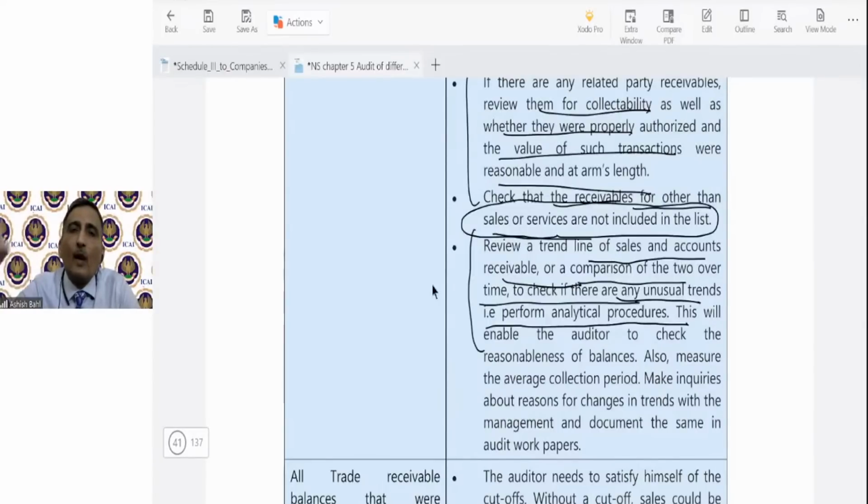So month वाइज सेल को और अकाउंट्स रिसीवेबल्स को मैं उसमें उनका ट्रेंड वेरीफाई करूंगा कि जिस महीने सेल्स बढ़ी है तो ऑब्वियसली ट्रेड रिसीवेबल्स भी उस मंथ बढ़ने चाहिए. सो अगर कोई अनयूजुअल ट्रेंड है तो उसको भी इन्वेस्टिगेट करूंगा. सो दीज प्रोसीजर्स आर इन नेचर ऑफ एनालिटिकल प्रोसीजर्स.